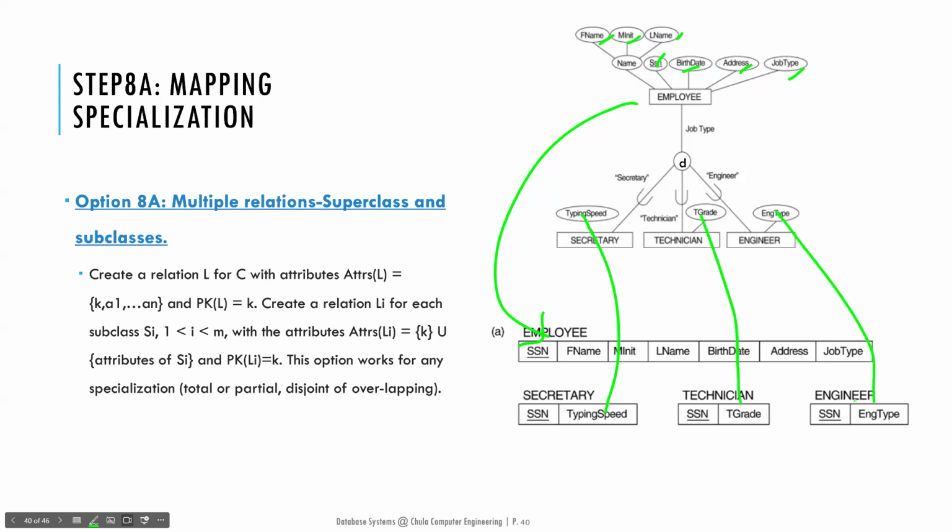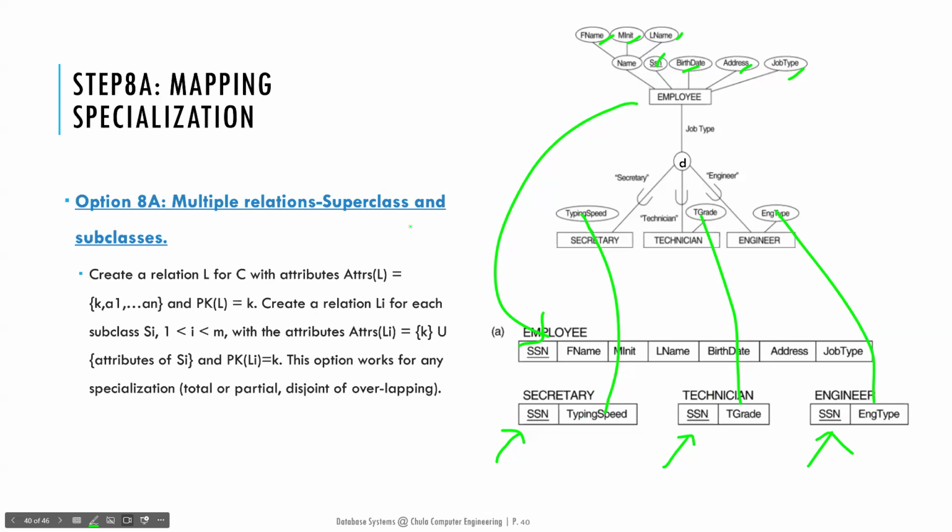But you also have to take the primary key from its superclass, which is SSN, and put it here. So you know which engineer has this engineering type, which technician has this T grade, and which secretary has its typing speed. All right, so this is option 8A, called multiple relation superclass and subclass.